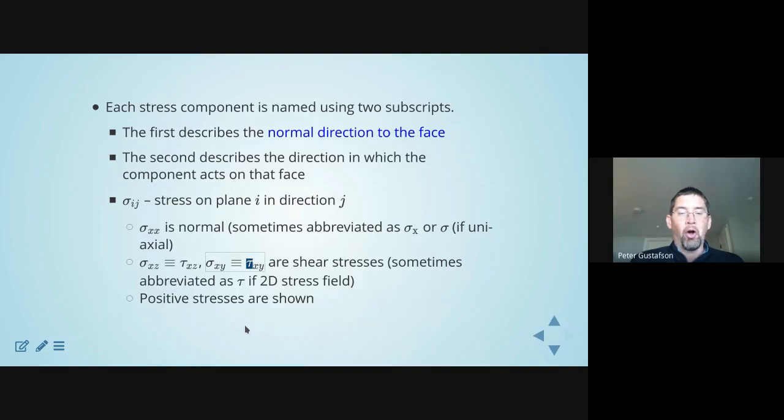And we're just going to call them all sigmas. So they're all uniformly sigma with two subscripts. And then if it's xz, yz, or xy, those are the shears.